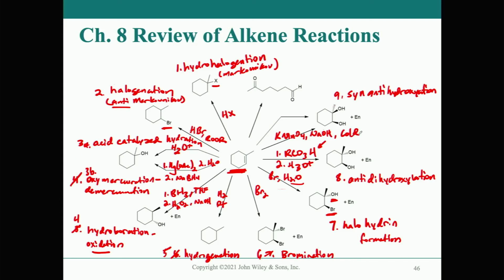But the easier way to do this reaction is using osmium tetroxide. I can't believe I remember osmium tetroxide, but I can't remember the name of the RCO3H. Whatever. So first we do the osmium tetroxide. And then we'll do the sodium bisulfite.